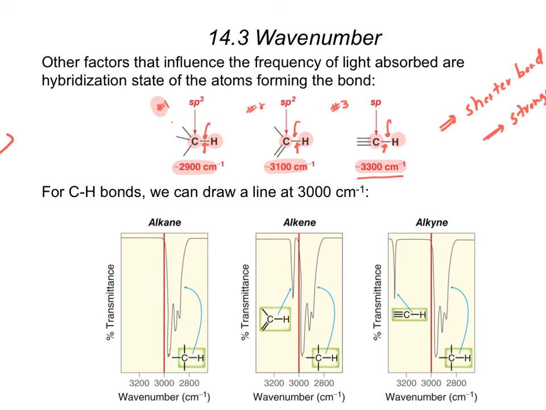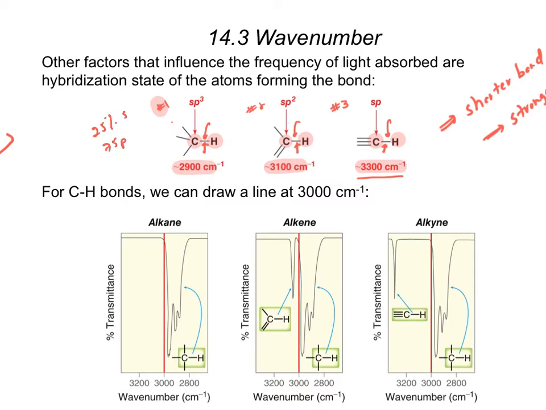So now, if we consider the carbon that each of these hydrogens is attached to, how do they differ as we go from left to right? Here we have what type of carbon, hybridization-wise? SP3. Here we have SP2. Here we have SP, right? For SP3, what percentage of those orbitals is S character? 25%. So this guy is 25% S character, 75% P. What about SP2?